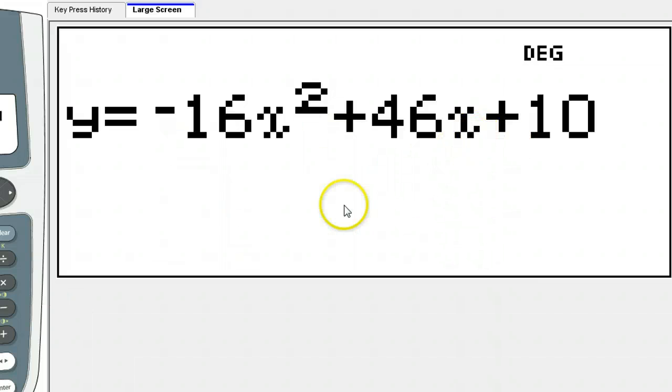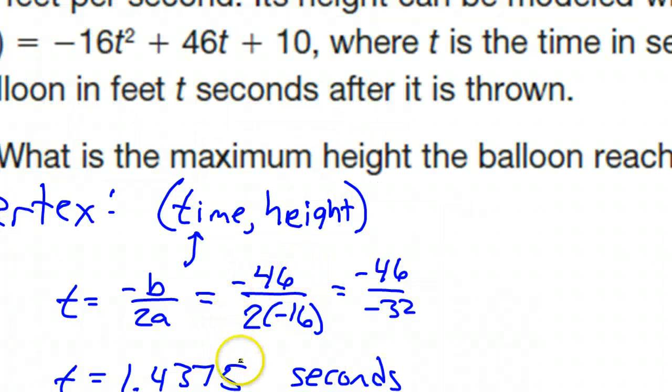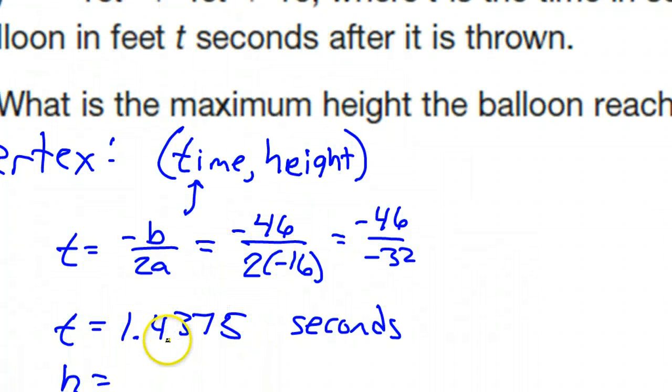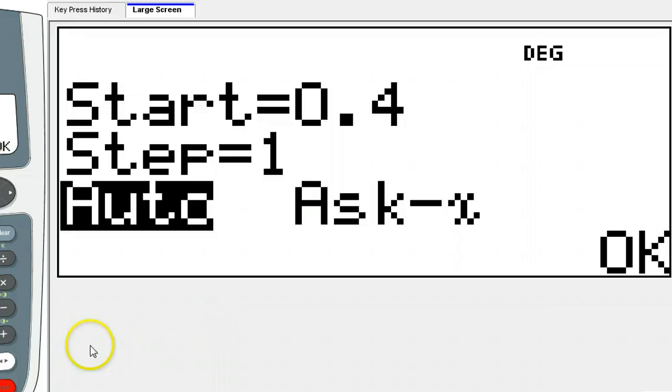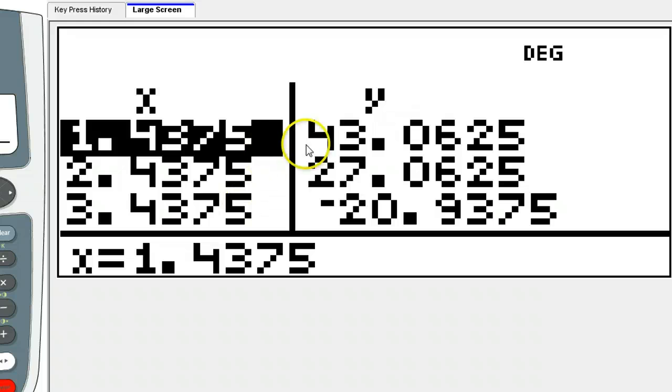Okay, so we've typed it in. Let's tell it where to start. Again, we want it to start at the time we just found, 1.4375.